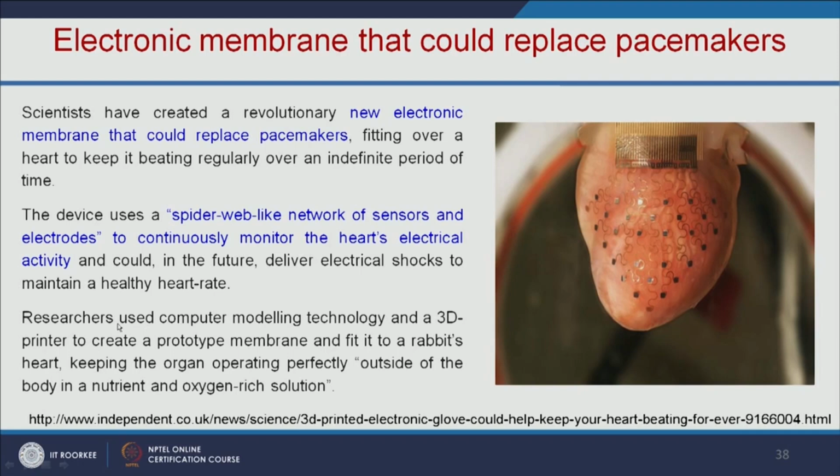Researchers used computer modeling technology and printed this prototype membrane, fit it onto a rabbit's heart, and checked whether it was working properly. Outside the body in a nutrient and oxygen rich solution, it is working perfectly like a real heart. So in future it could be useful for human application also.